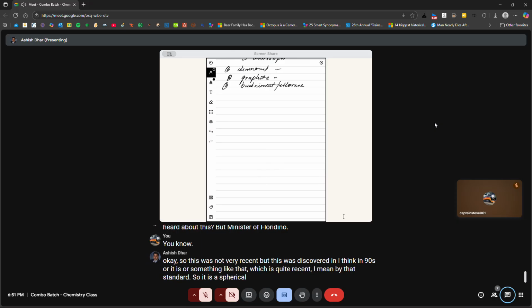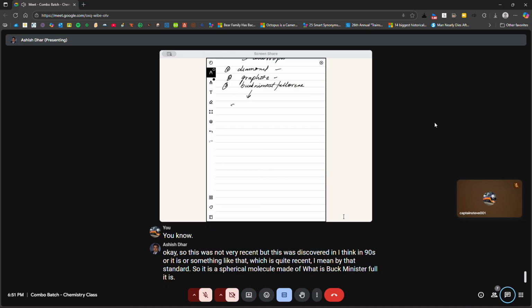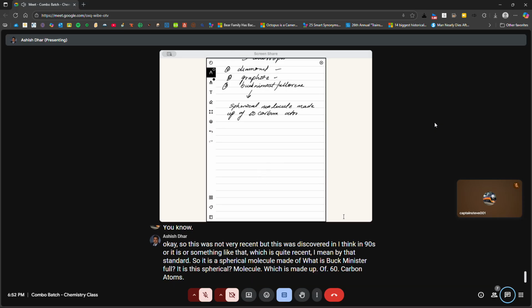So what is Buckminster fullerene? It is a spherical molecule which is made up of 60 carbon atoms, and it's called C60.